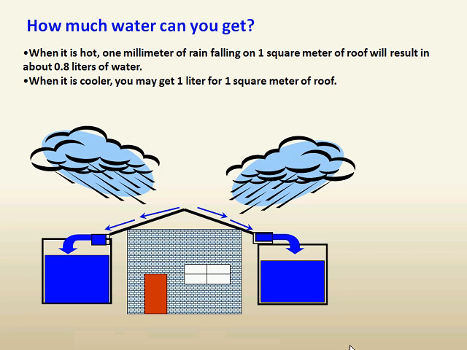I've seen some other examples out there where you can get tremendous volumes of water from a very minimal sized roof. It's a trade-off in terms of what you're going to use the water for.